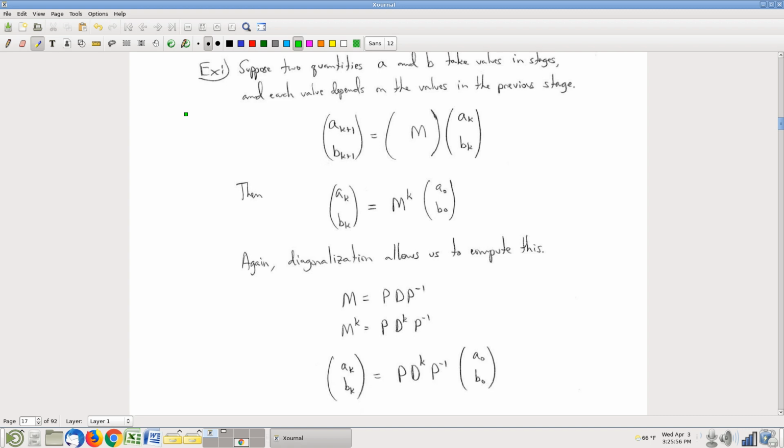So instead of A being a function of time and B being a function of time, you might have A is a sequence and B is a sequence, like I've described up there. So if A and B come in sequences like that, look for the possibility that, as written, there will be a matrix relationship between them.